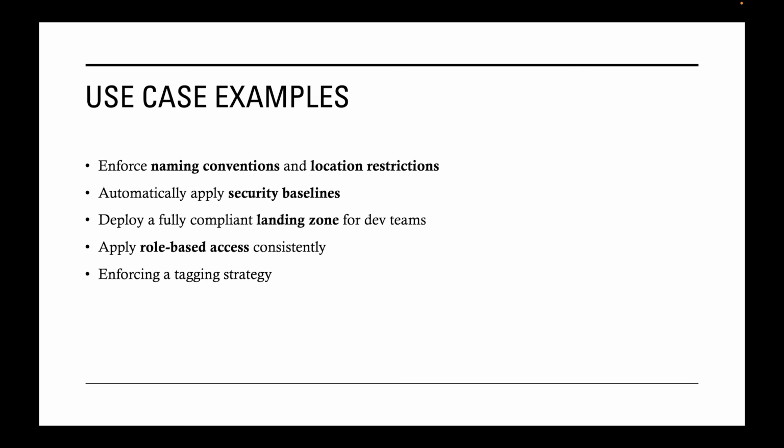This way your developers can go in there and you don't have to worry about them doing anything incorrect, because the environment is locked down so they can't do anything they're not supposed to. There are also applying role-based access consistency and enforcing a tagging strategy if you need to do that.